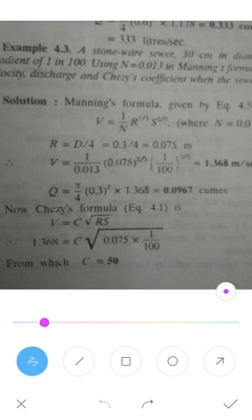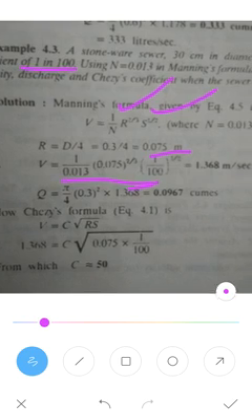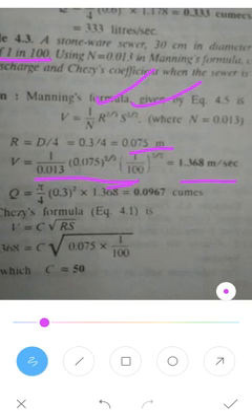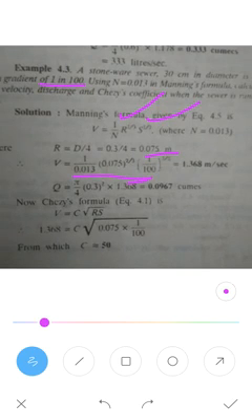Just find the velocity of the flow. Substitute R as 0.075 and the slope as 1 in 100. Finally, after substituting, you will get the velocity as 1.368 meter per second.